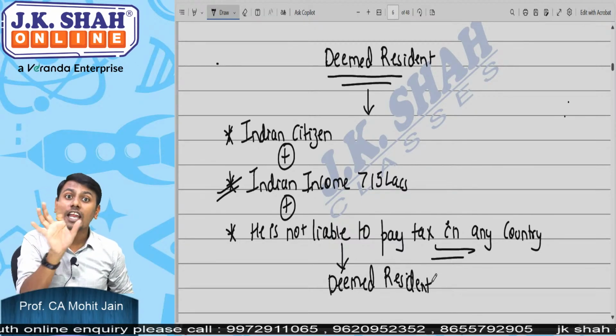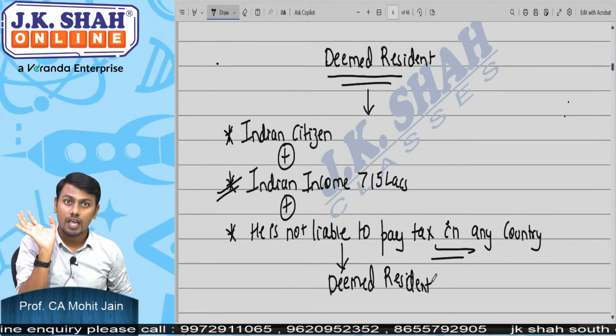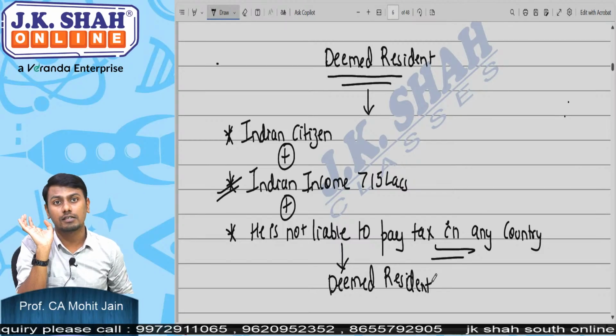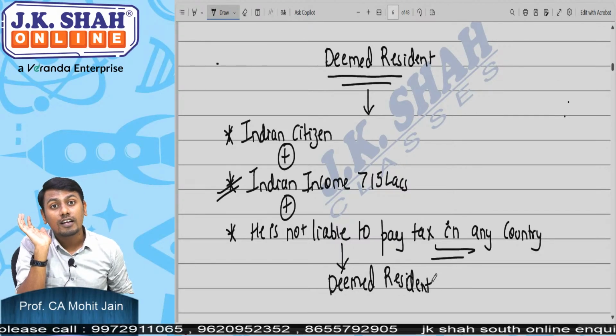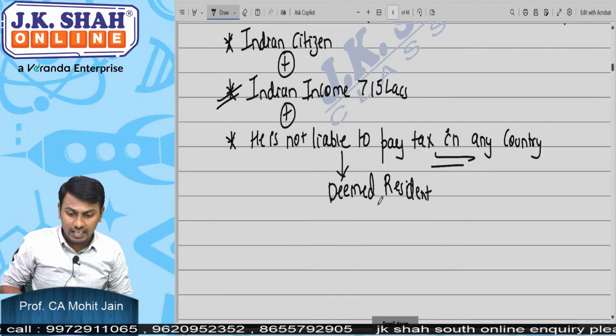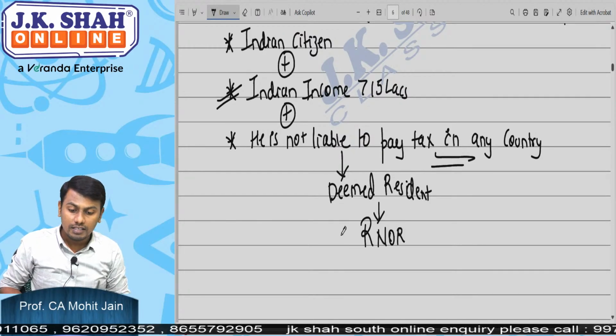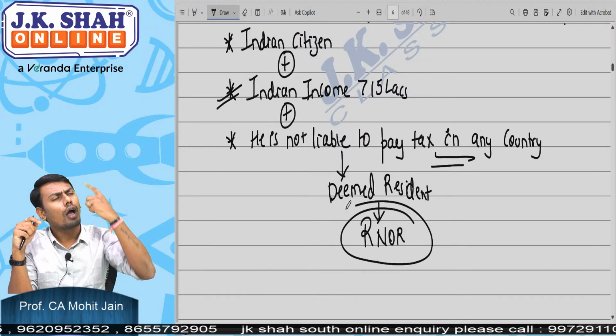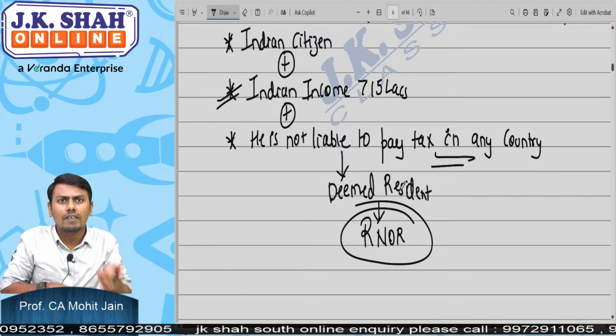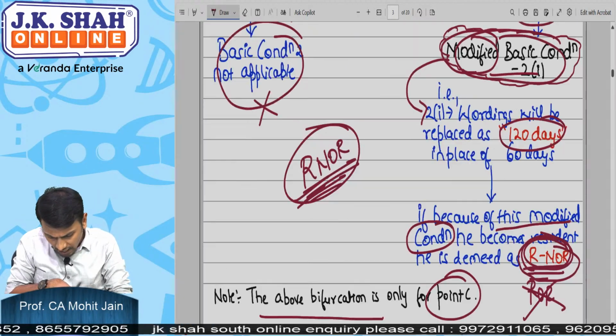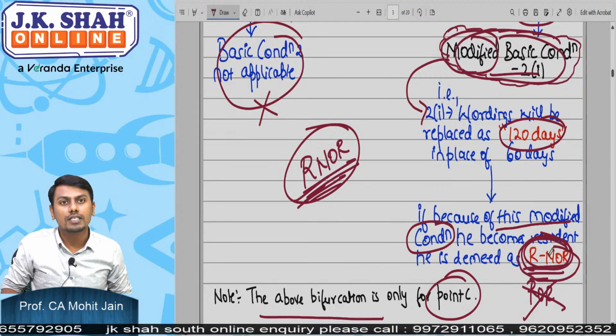Even if you're not there in India for a single day, even for 0 days, you'll be called deemed resident. And such deemed residents are directly called RNOR. Don't you think we have learned the same thing somewhere? You remember modified basic condition 2?